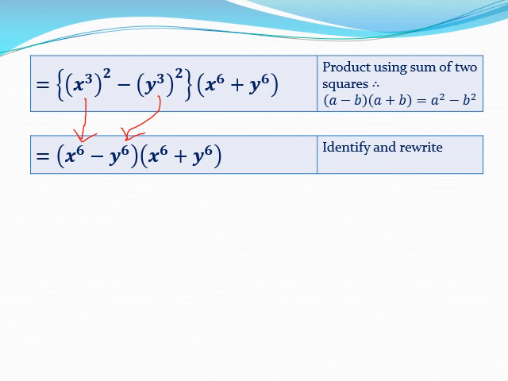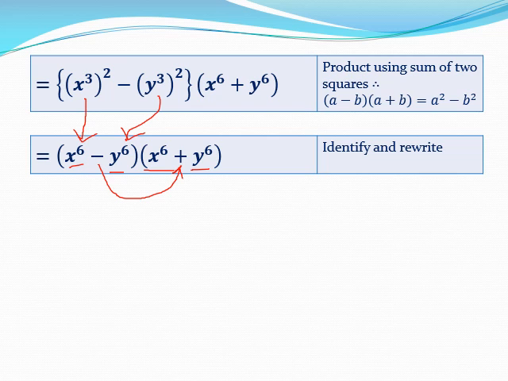Again identify and rewrite them. Observe the first terms, both are equal to each other, and the second terms, both are equal to each other. You can name them as two terms with a different sign.